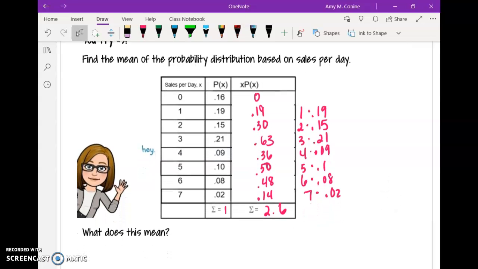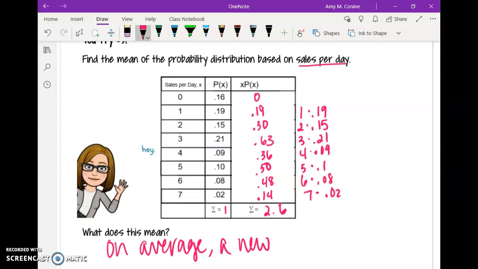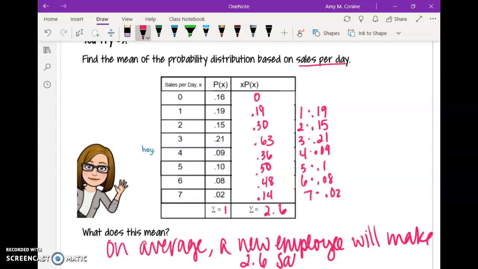So what this means for this problem, because they're talking about sales per day, is you have on average a new employee will make 2.6 sales a day.